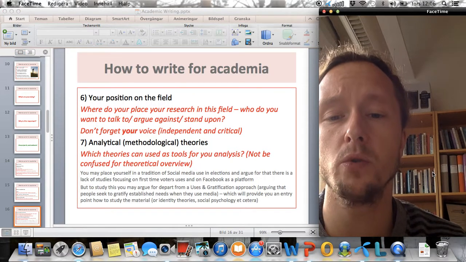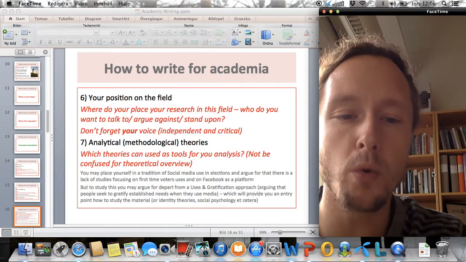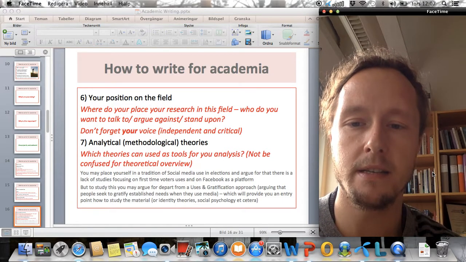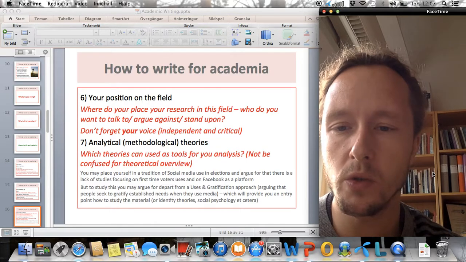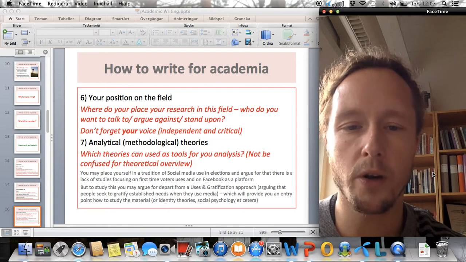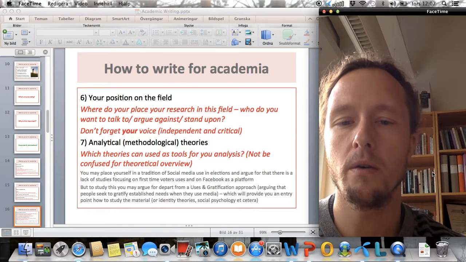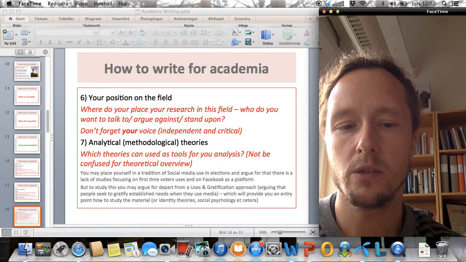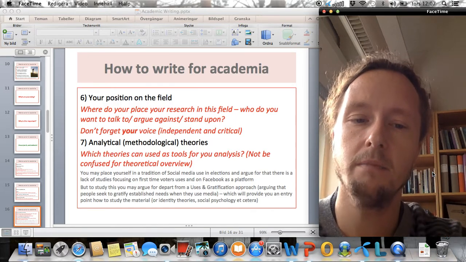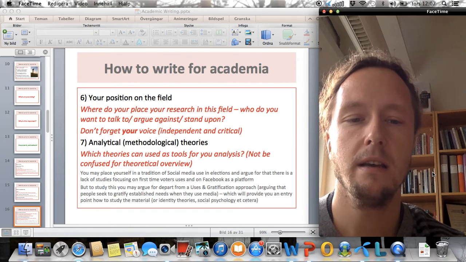And what is your position in the field? Where do you place your research, this thesis, in the field? Who do you want to talk to? What theories do you want to discuss? Who would you like to argue against? Etc. etc. So don't forget your voice. Your voice, who is independent and critical, is very important in the thesis.